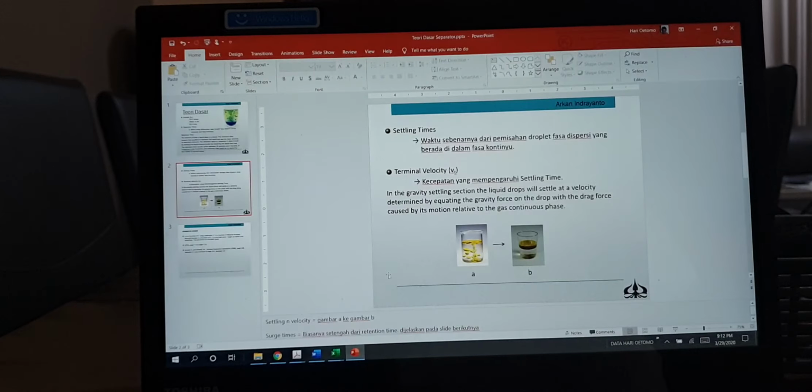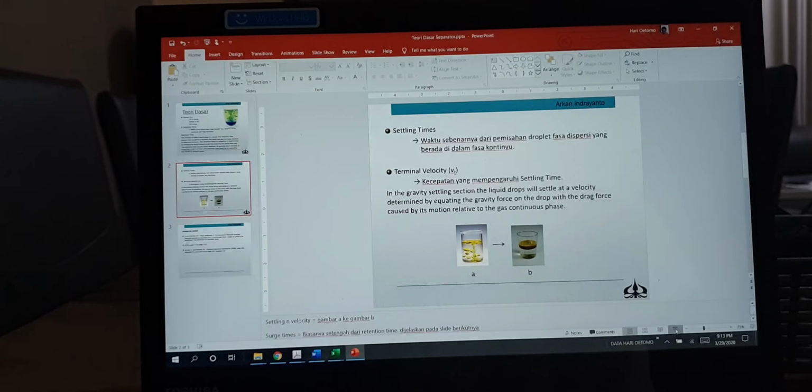This is the terminal velocity, the velocity at which the settling happens. Okay, so Vt, the terminal velocity, is where settling happens. It is the gravity settling section of the liquid drop.